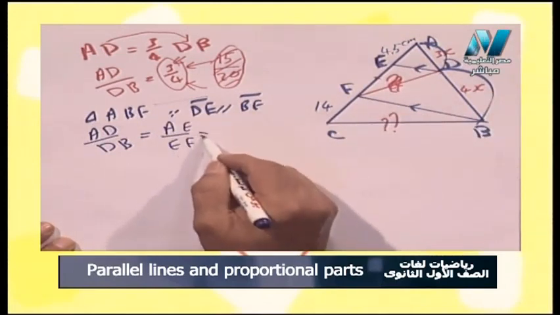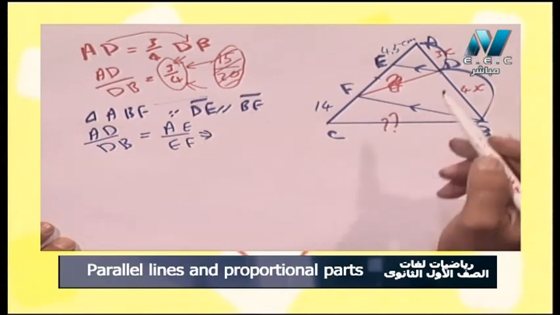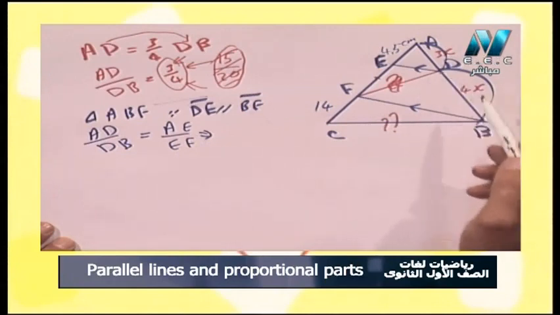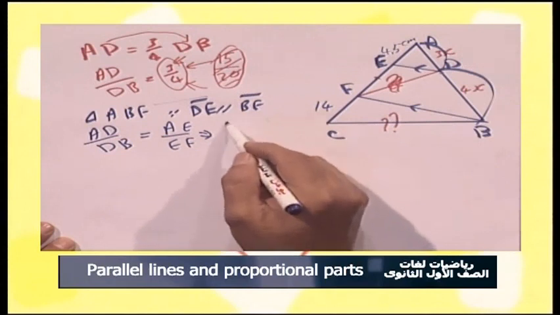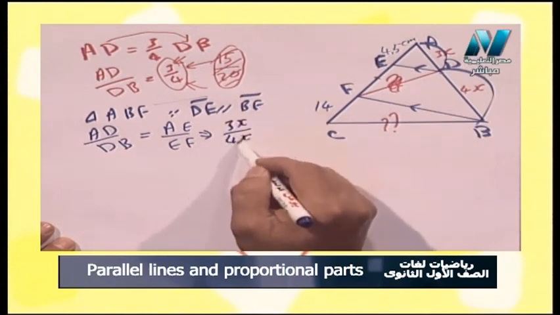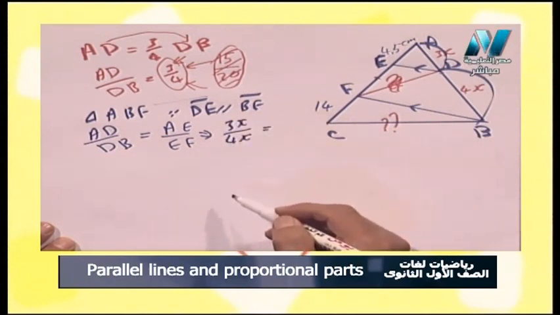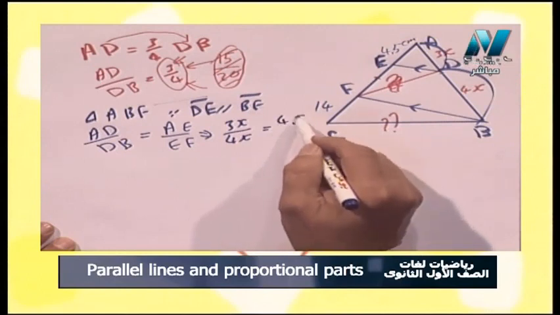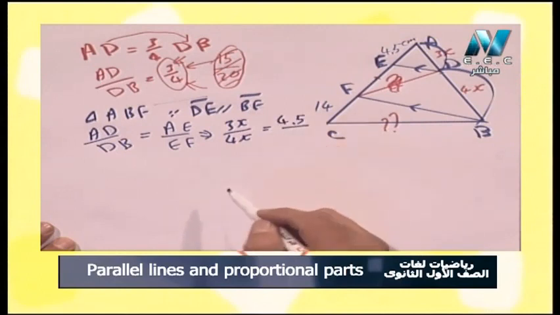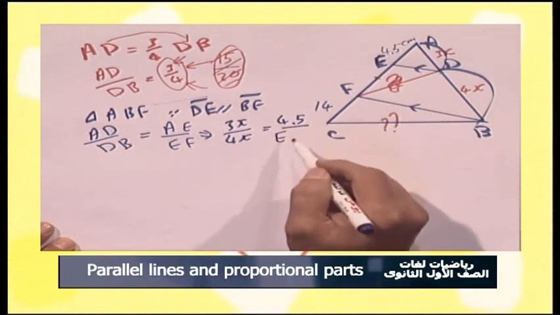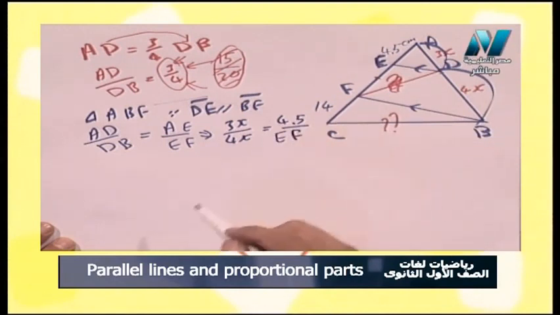We have here AD 3x and DB 4x, so 3x over 4x equals AE, which is 4.5 over EF, and EF is unknown. We can cancel x with x here.